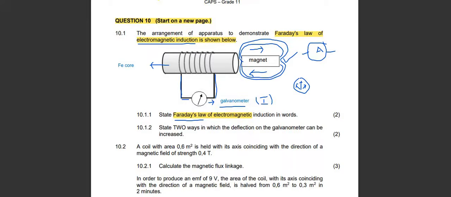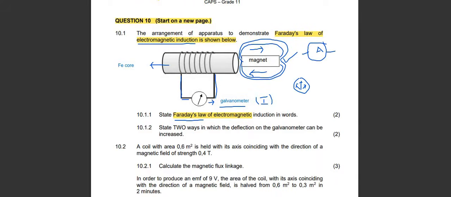So this is a 2-mark question. It's something that you should be able to know. You'll find it in any textbook. What do we mean when we talk about Faraday's law of electromagnetic induction?